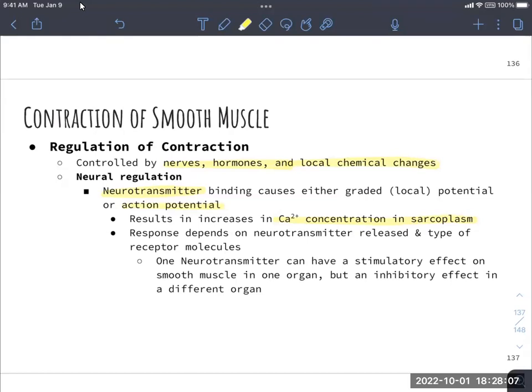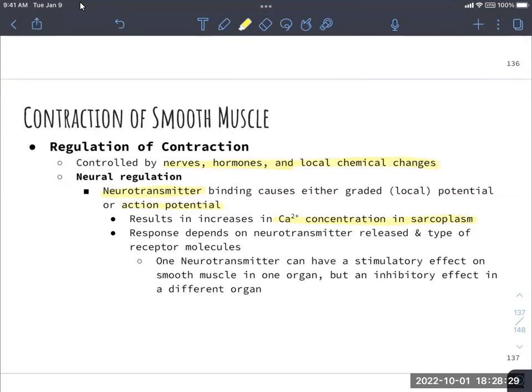One neurotransmitter can stimulate that smooth muscle, but have an inhibitory effect on a different organ. So our neurotransmitters do a lot of different things. There are a lot of different neurotransmitters. When we get to the nervous system, we'll look into some of those in more detail.